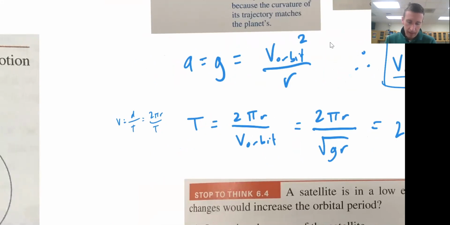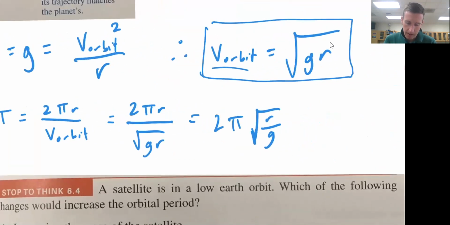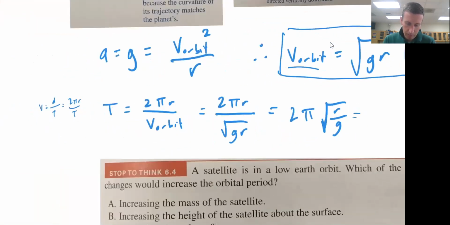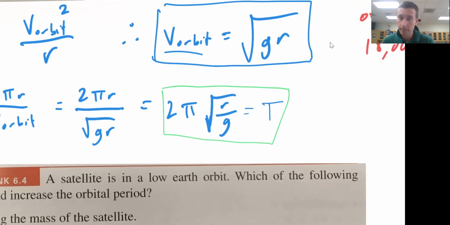Okay, then I can plug in for the velocity of the orbit my square root gr, since I found that over here, and I could solve out that 2 pi square root of r over g is equal to my original period. So that's another option of a fun equation that might come into use. 2 pi root r over g for the period.